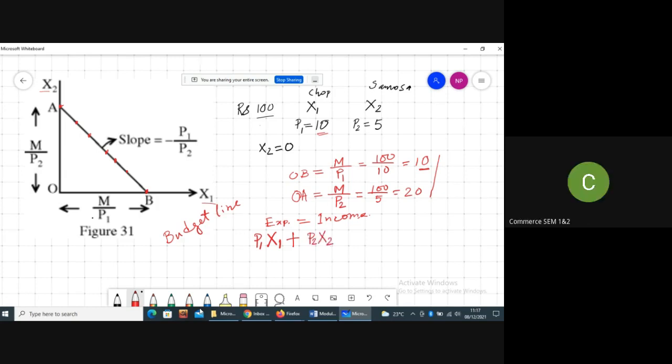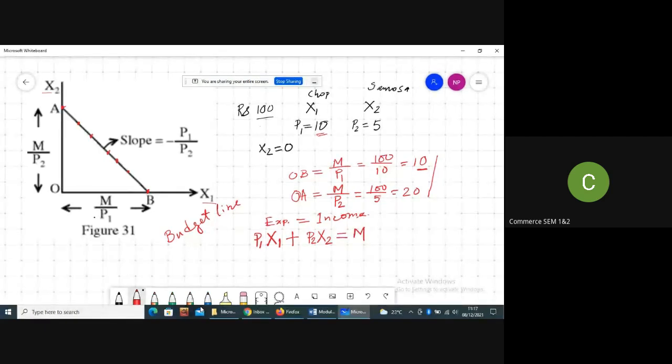Yes. And that must be equal to your income.